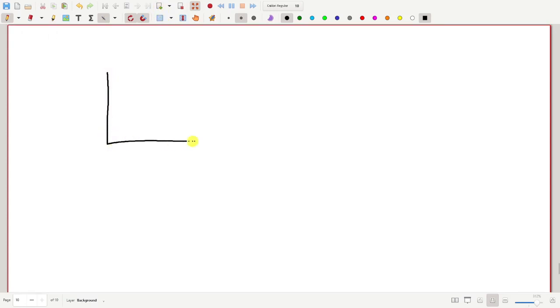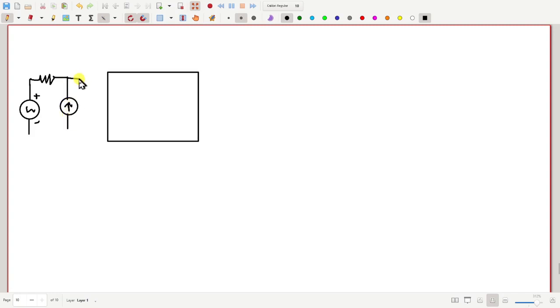Now, suppose I have an ideal transformer and there is some circuit here, any complicated circuit that you like. This side also some circuit is there.